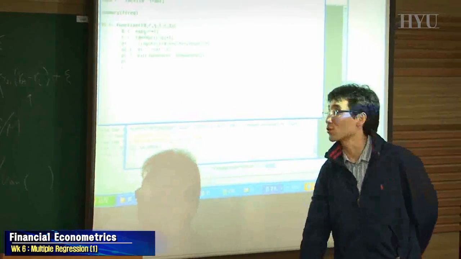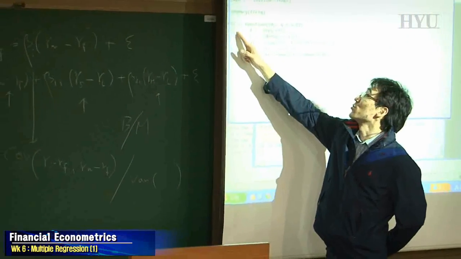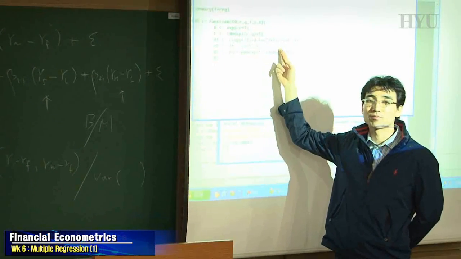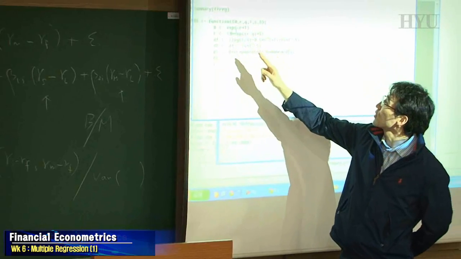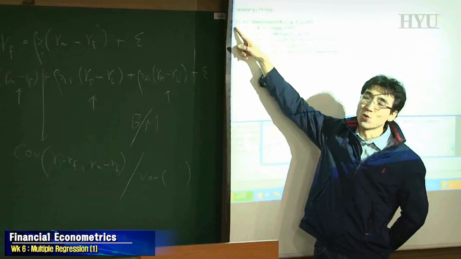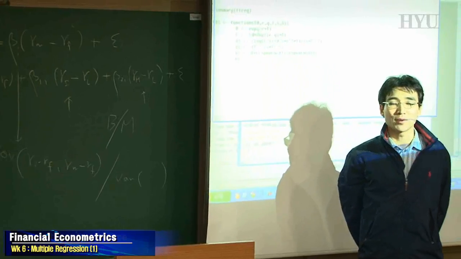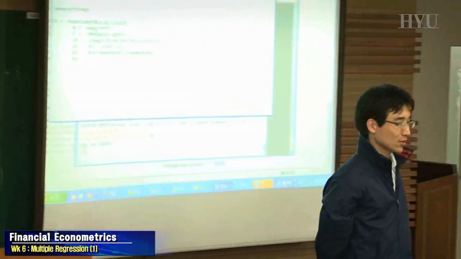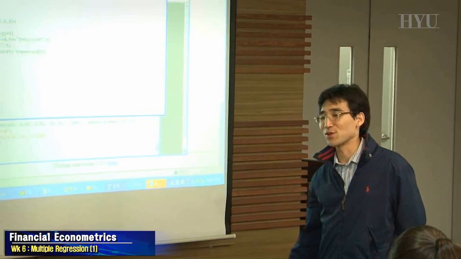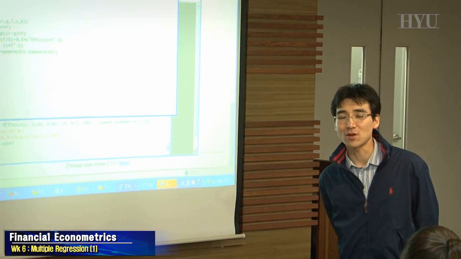There is a one-to-one relationship between the call option price and this volatility, right? In your homework, suppose we know this part and we want to calculate this sigma. This is called implied volatility. Implied volatility is basically the value extracted from the market price of a call option or put option.